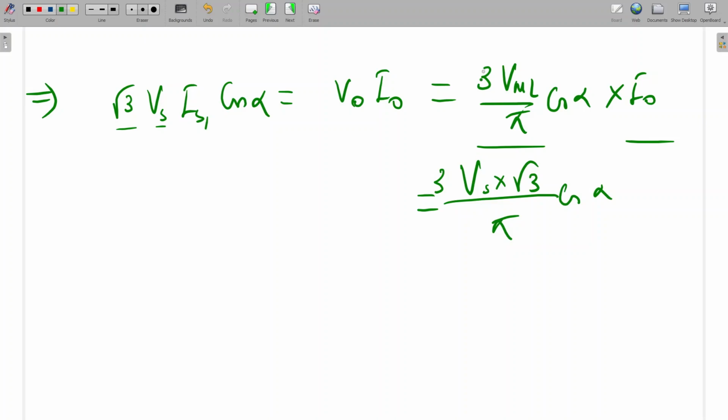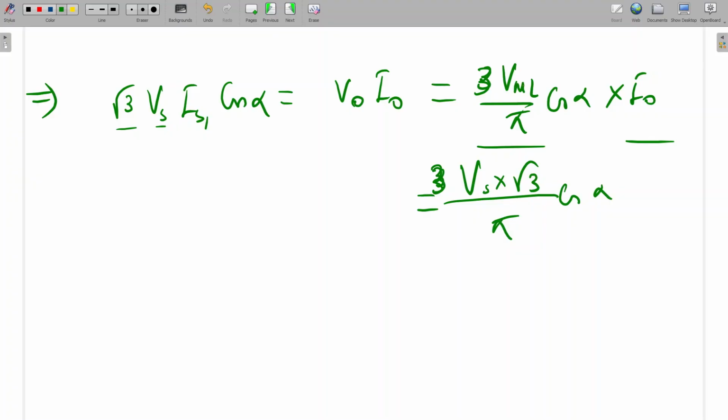I think here it is 3 VML only. Somewhere we are making a mistake. 3 Vs. It should equate with this also. One second. Okay, 3 VML by 2 pi, sir. 3 VML by 2 pi.